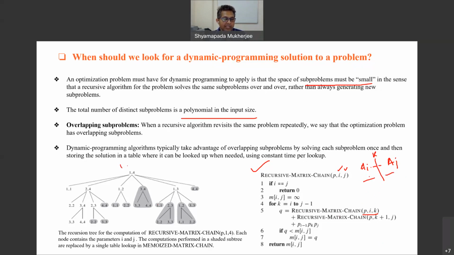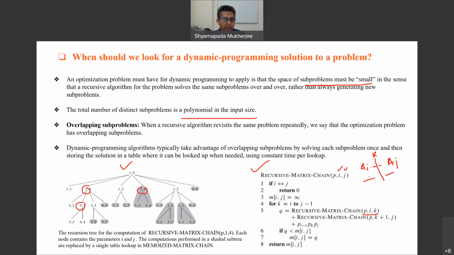So this is the recursion tree for this procedure, and the length of the matrix chain is 1 to 4. You see recursively when you calculate this, the same problem, suppose here you see 2 4, appears in many places. Again 3 4 appears here.